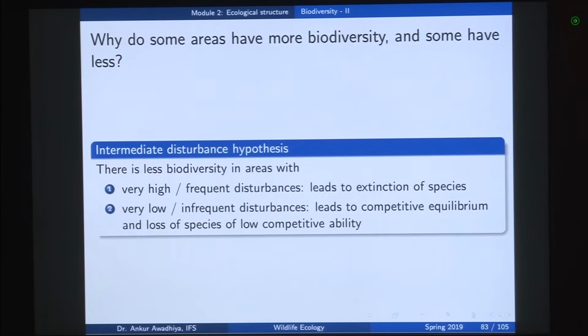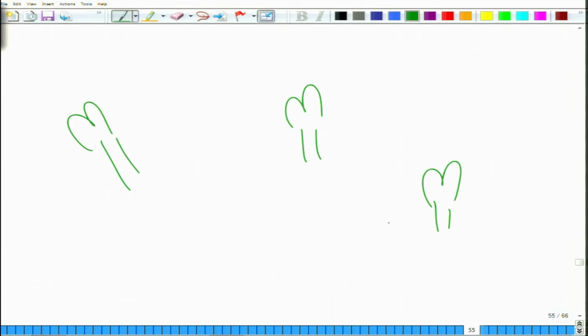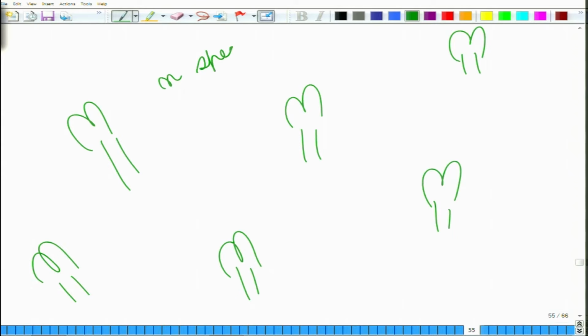Now, another good example for intermediate level disturbance is that if you have an area that is only full of trees, in this area there would be say n number of species.